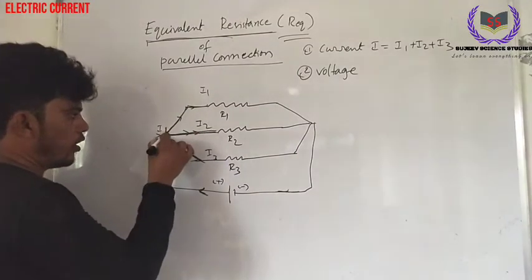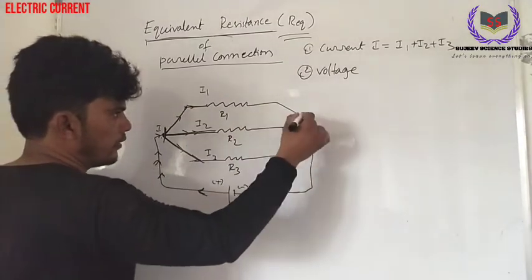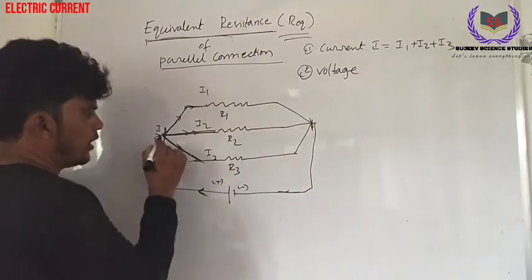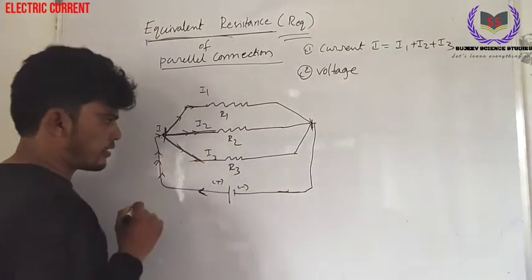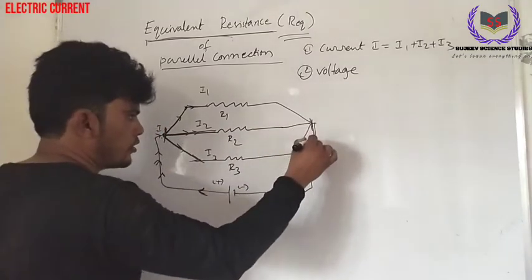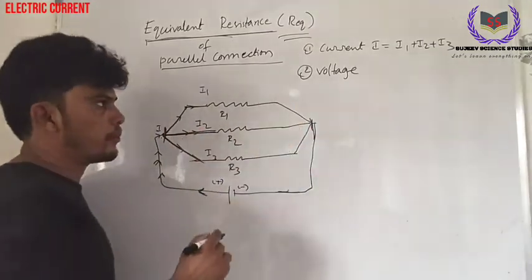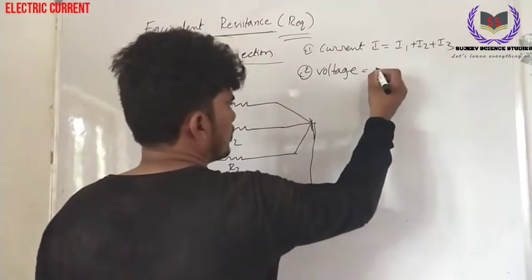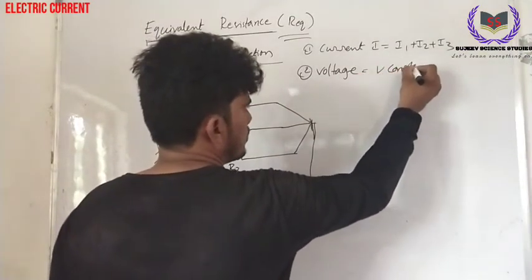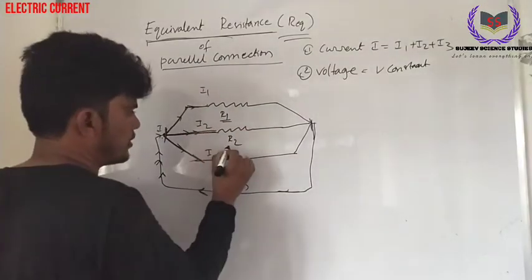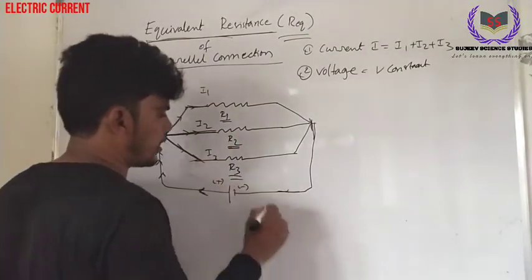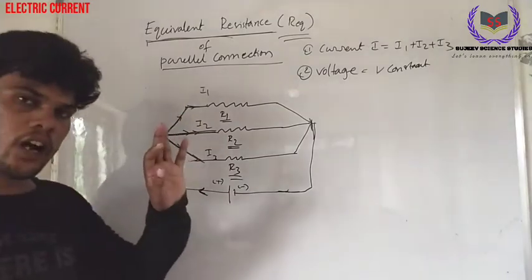It is the end of this resistor, and these are the ends of this resistor also. So they have the same ends, so the potential difference is also the same. So here voltage V is constant. And the resistor of this is R1, the resistor of this is R2, the resistor of this is R3. Are you clear how we get the values?